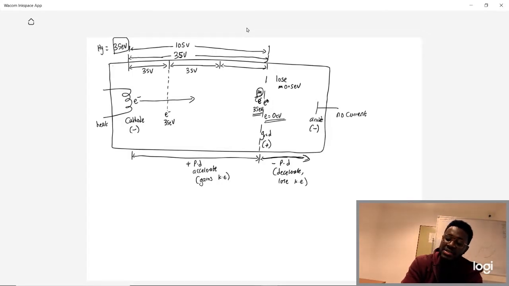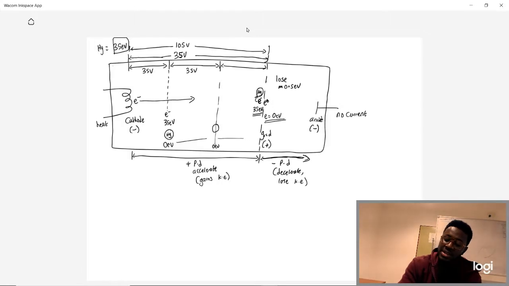And at this point, it's going to meet the mercury atom and it's going to give it all of its energy. So its energy is going to reduce now to 0 electron volt. Then it's going to continue again. At this point here, it gives another to mercury, exactly. Give another to reduce to 0. Nice.